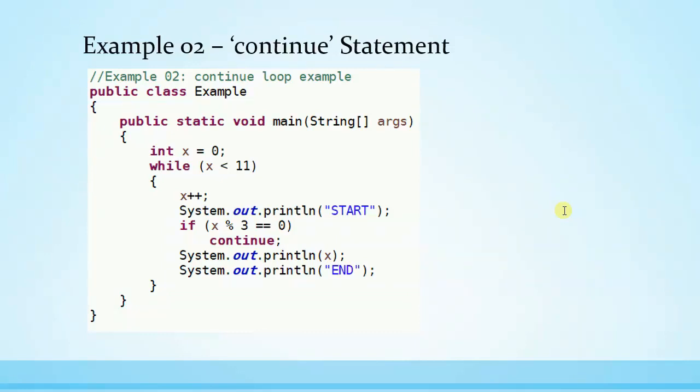So while printing the value, we will skip the number which is divisible by 3. That means we will skip 3, 6, 9 because of the continue statement.